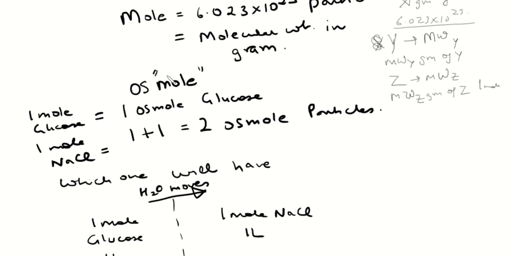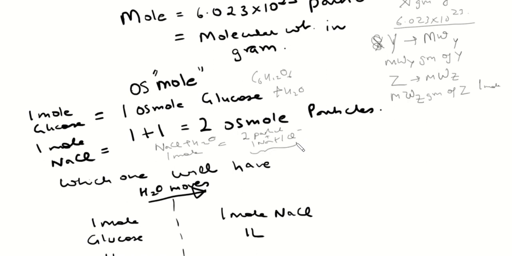Okay, so 1 mole of glucose gives me 1 osmol of glucose when I dissolve it in water. Remember C6H12O6? When I dissolve sodium chloride in water, I'm dissolving 1 mole of sodium chloride, but it's actually giving me 2 particles, 1 of sodium and 1 of chloride.